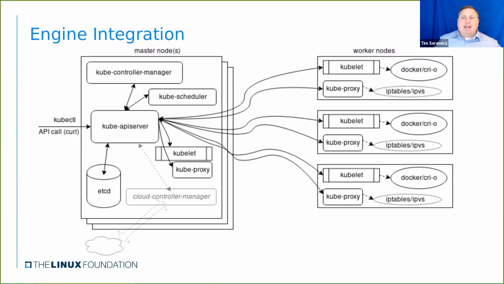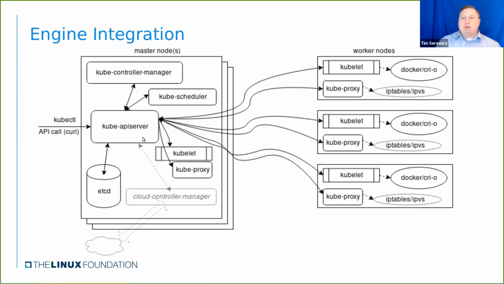So another way of looking at it, because Kubernetes is very popular right now, I have this slide so you can see where this really happens. All of the nodes in Kubernetes are running some sort of engine. And in this case, even the master nodes would have Docker or CRI-O running on them. We see that the various calls are going to the API server.